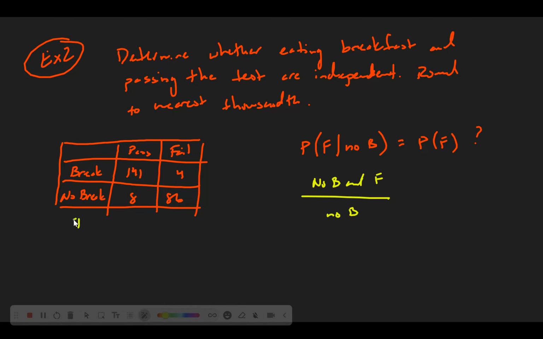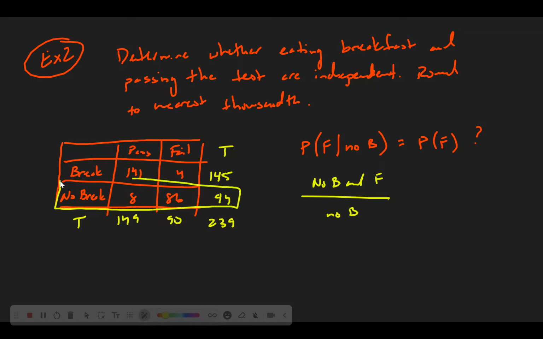Let's find the totals first. We're going to add down. That's 149. We'll add down. That's 90. I'll add across. That's 145. I'll add across. That's 94. And then we'll add to get 239. So there's a total of 239. For this first conditional, we're not going to use the grand total. We're just looking at the no breakfast row.